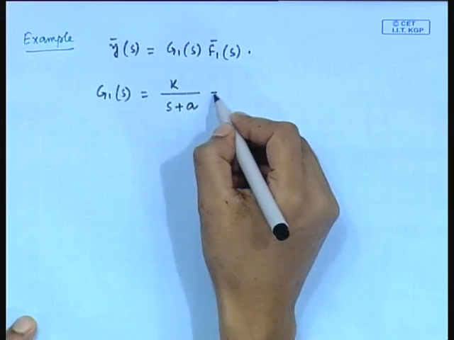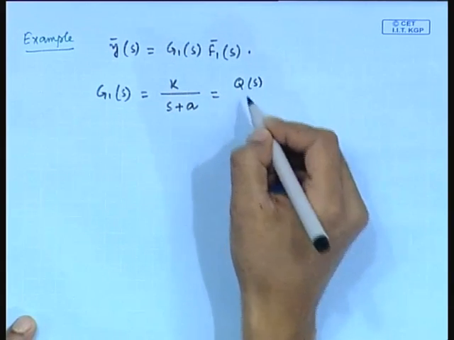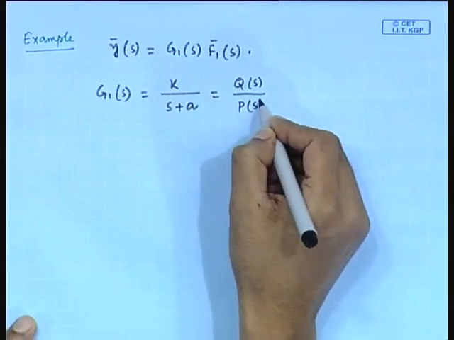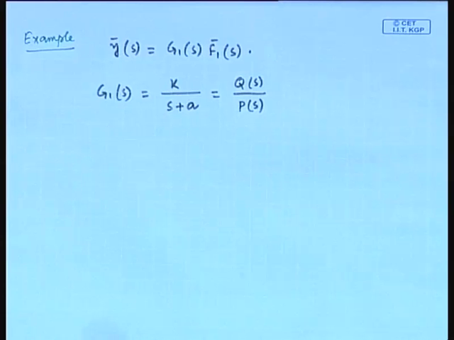You can write this as Q(s) divided by P(s). But the numerator is basically constant. So, that is not the polynomial of s. That means there is no zeros. So, for this example system there is no zeros.